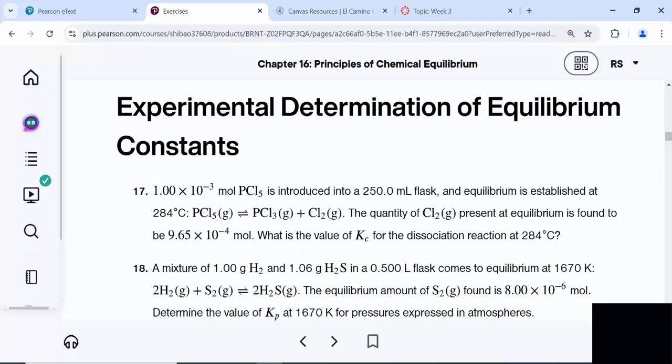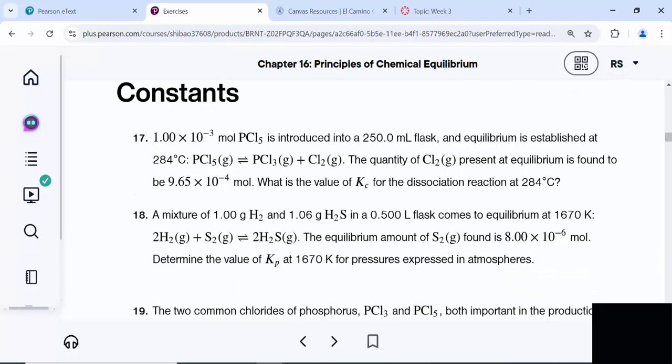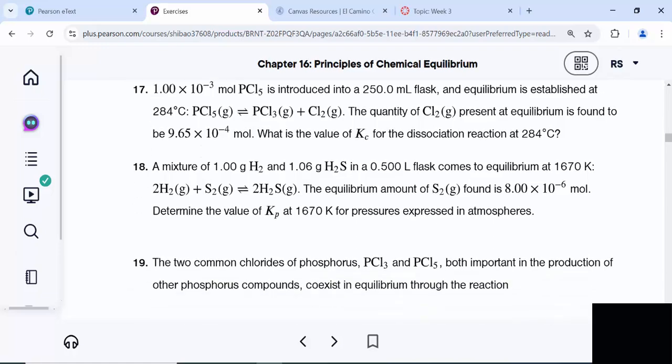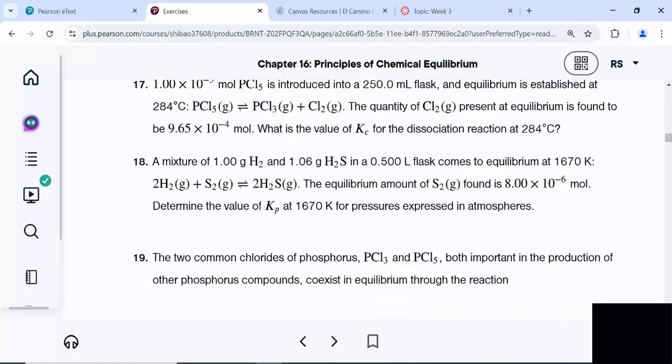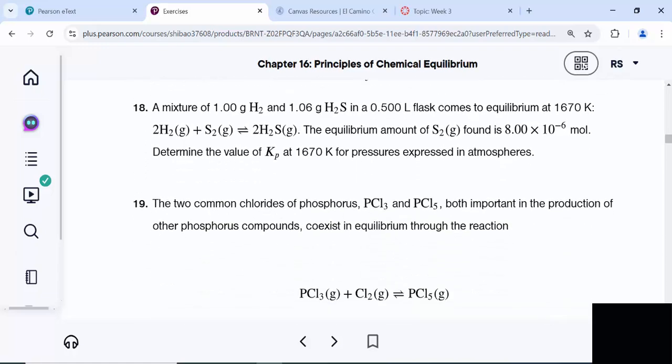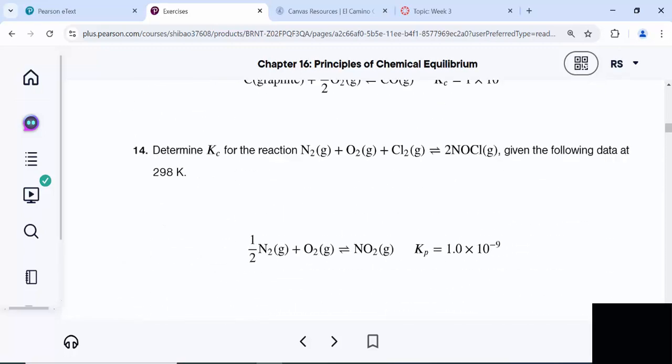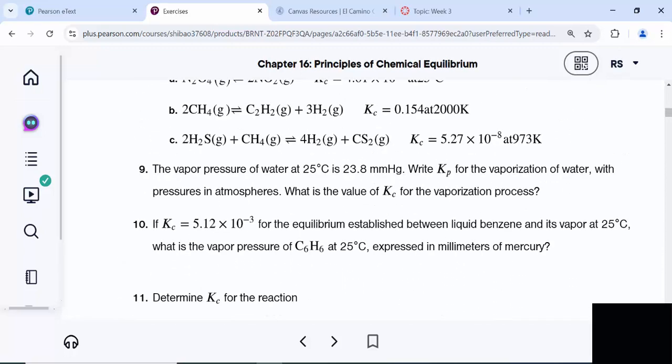Determination of equilibrium constants. Here they're going to give you at least one equilibrium value, and then you might have to figure out the others using just stoichiometry. Once you get all the equilibrium values, you just plug it into the K equation, and then you can determine it.